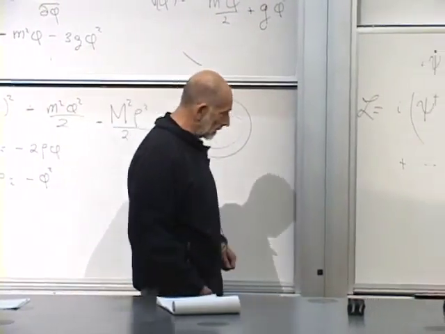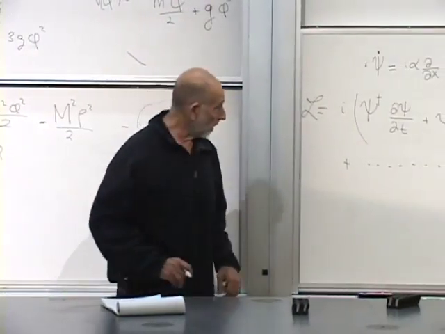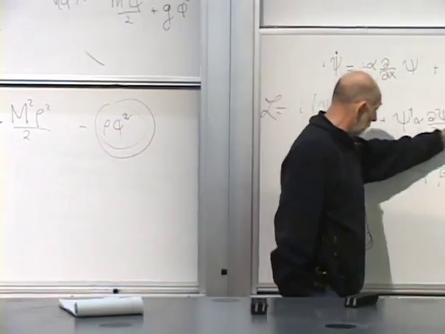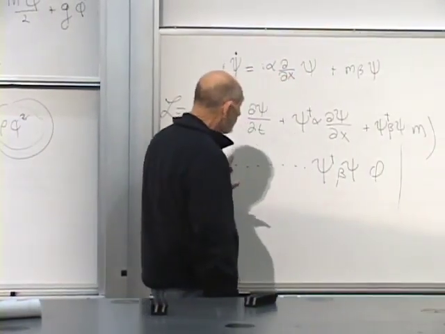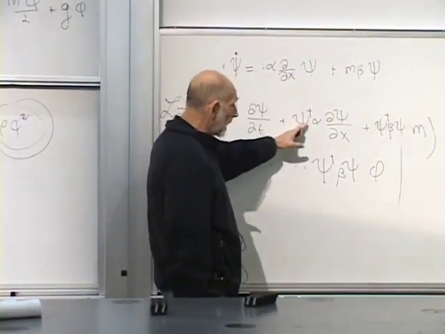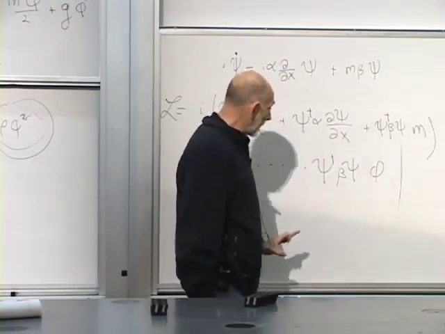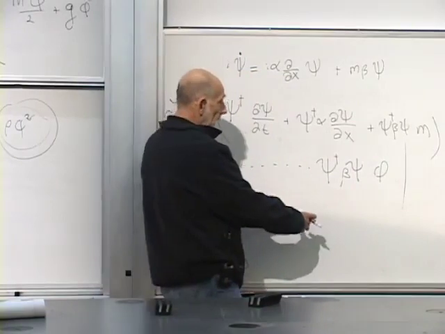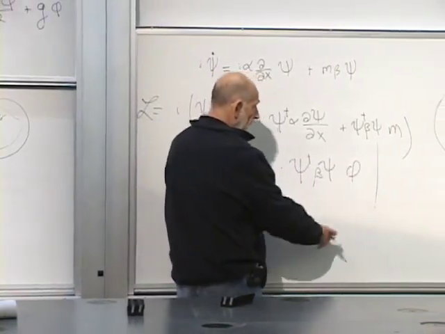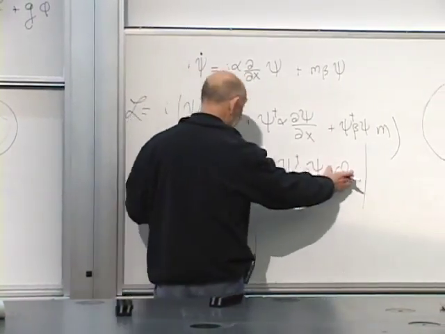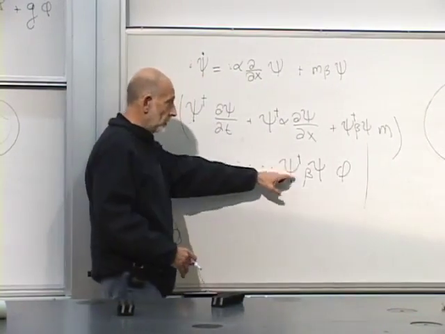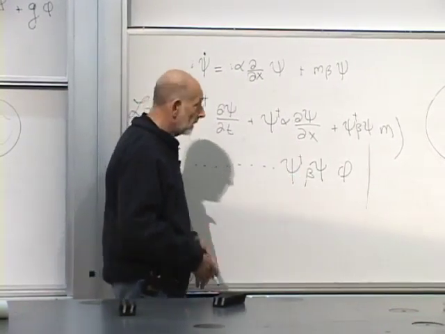If you took this Lagrangian, it would generate both the equations of motion for psi and for phi. There would be a Dirac equation with an extra term proportional to phi, and a scalar field equation with an extra term that would have psi bar psi in it.